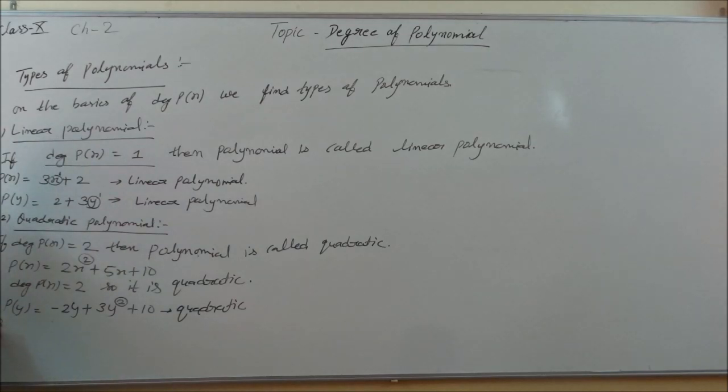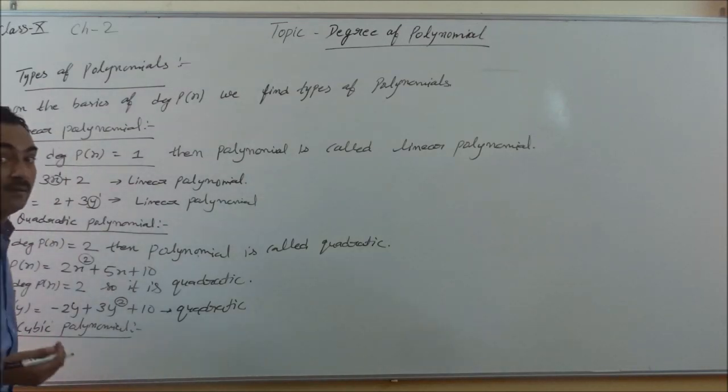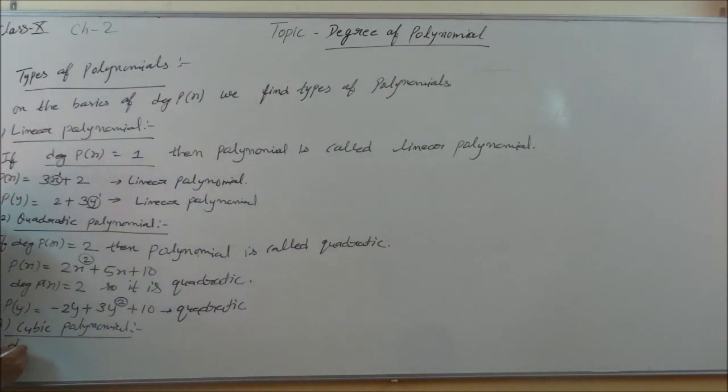Now third is the cubic polynomial. For a cubic polynomial, you can guess what the degree of the polynomial is? The degree of the polynomial will be 3.